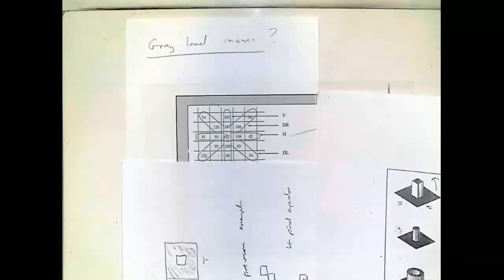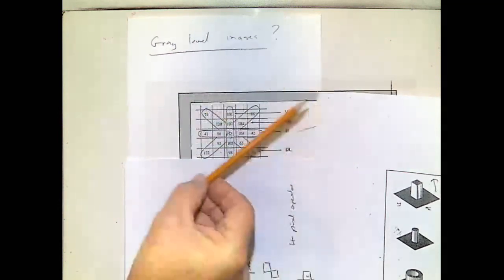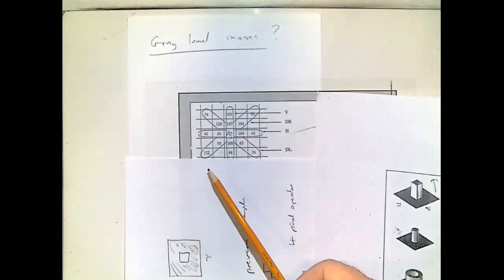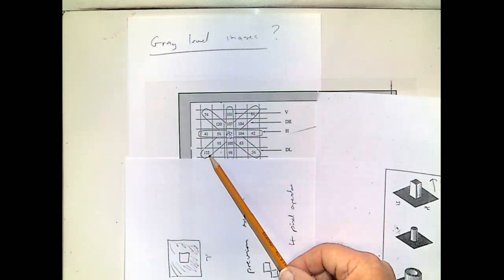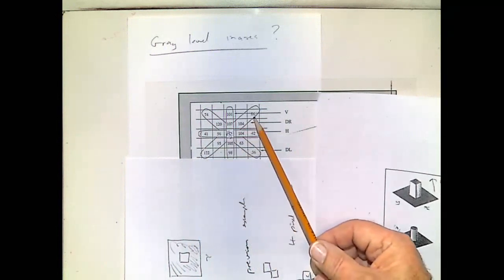So imagine those as 1, 2, 3, 4: the vertical, the horizontal, that diagonal, and that diagonal. Four different samples. And supposing they were extracting pixels of grey intensity, 8 bits: 122, 95, 104, and 86.